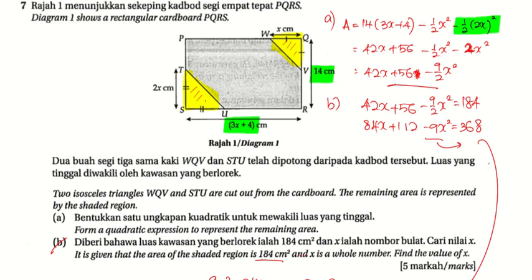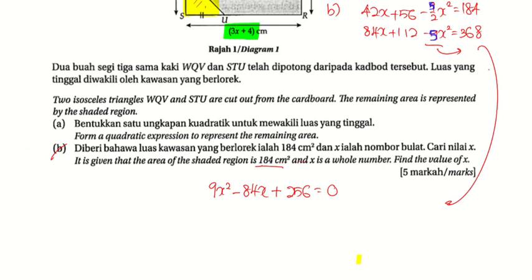Okay. Negative 5 over 2, then negative 5 over 2, then so this one will be negative 5. This one should be 5 then.